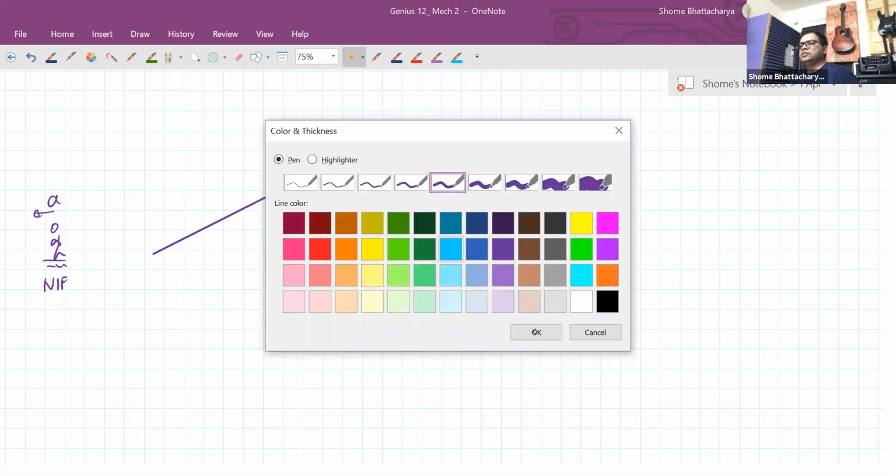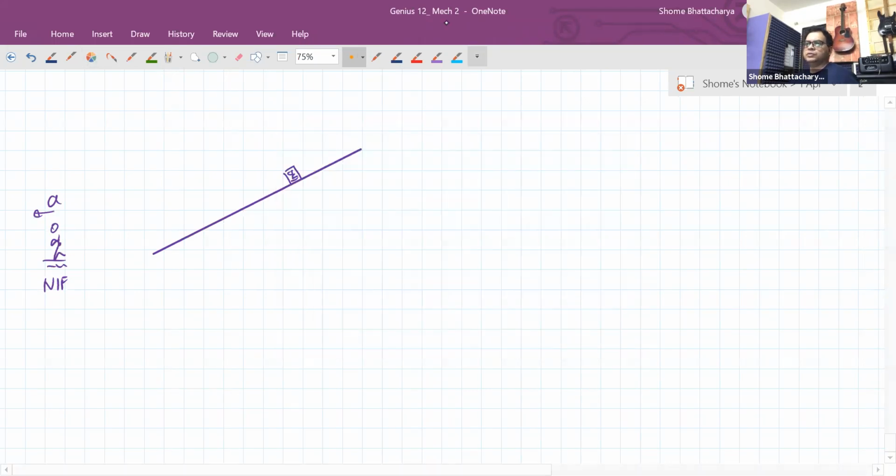The forces acting on the block: there is pseudo force, there is weight, and there's normal reaction.